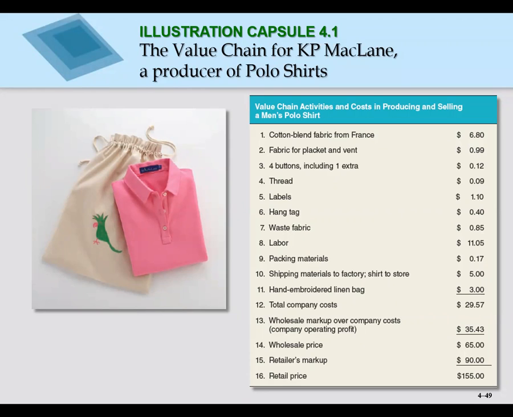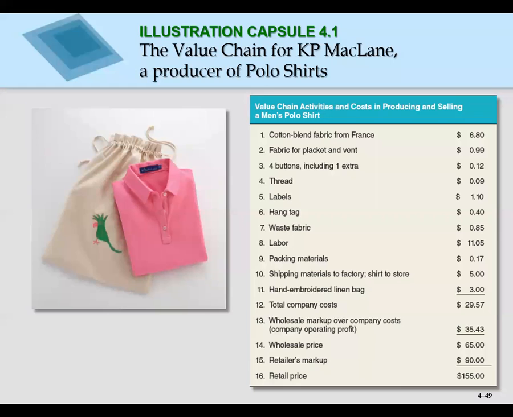And then the hand tag, 40 cents. Waist fabric, 85 cents. Labor, $11. Packing material, only 17 cents. And then shipping material to factory, $5. The hand embroidered linen bag, the one you see on the left hand side of the picture, $3. So total cost is $29.57.